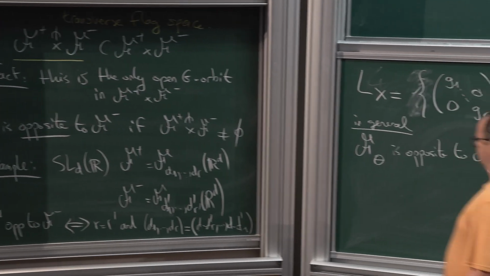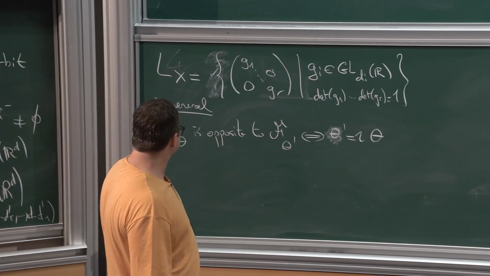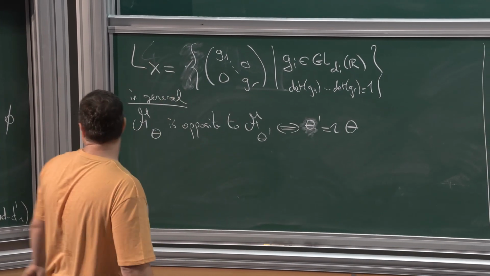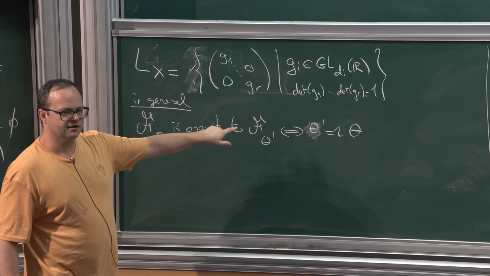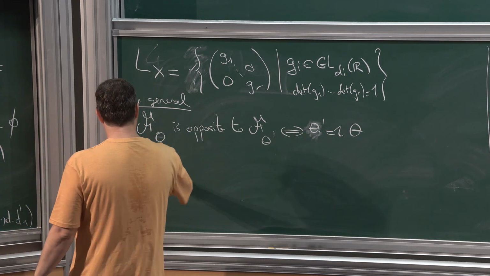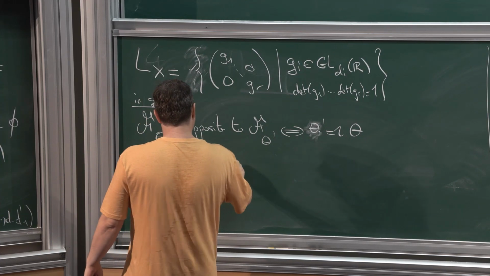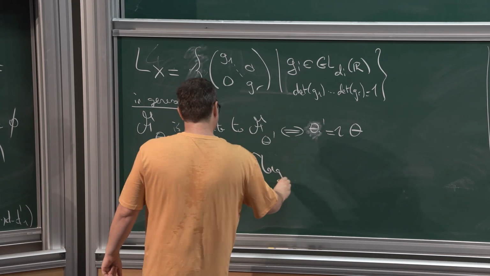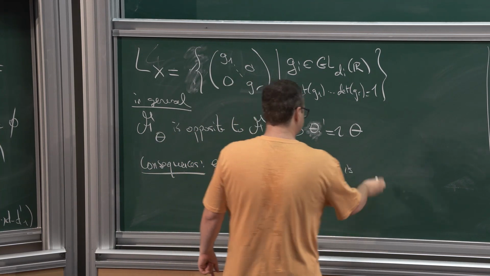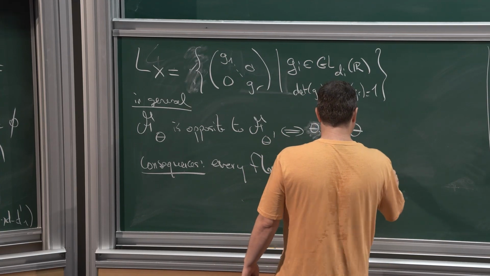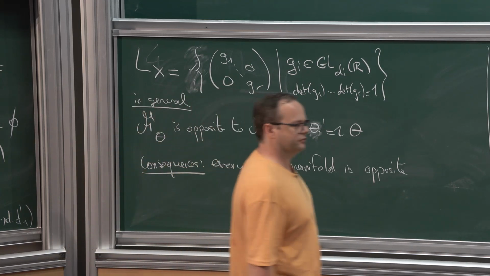All right. Sometimes this abstract setting is easier. Okay, so now you get that, from these characterizations, with standard parabolics, a consequence of all the facts that we've stated is that every flag manifold is opposite to a unique standard flag manifold, or to a unique isomorphism class of submanifold of flag manifolds.